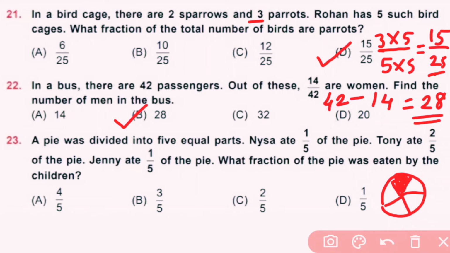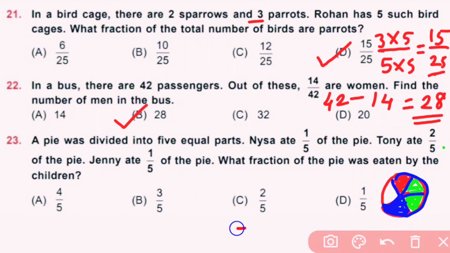Tony ate 2 by 5 part, means out of 5 pieces he ate 2 pieces. So these 2 pieces are eaten by Tony. Jenny ate 1 by 5 of the pie, means out of 5 pieces she ate 1 part. So this part is eaten by Jenny. So what fraction of the pie was eaten by the children? So this part is eaten by all the children.